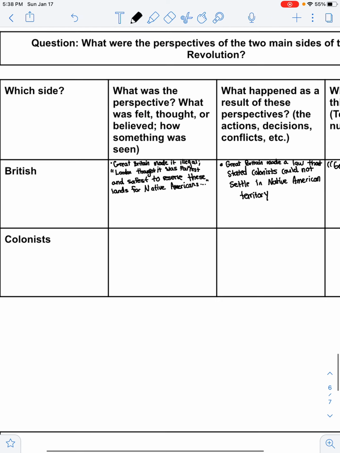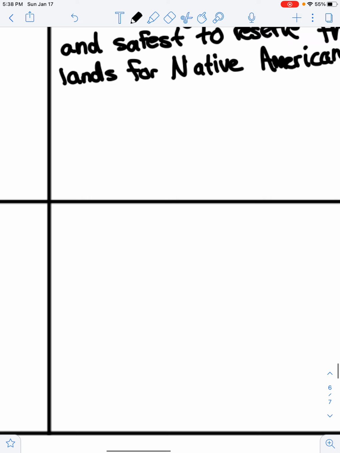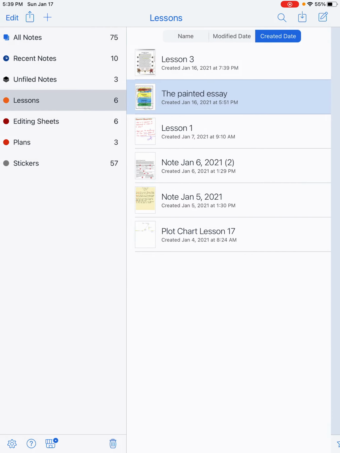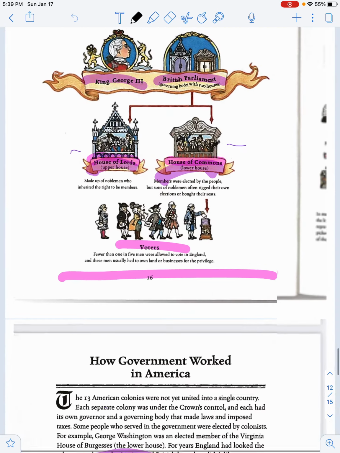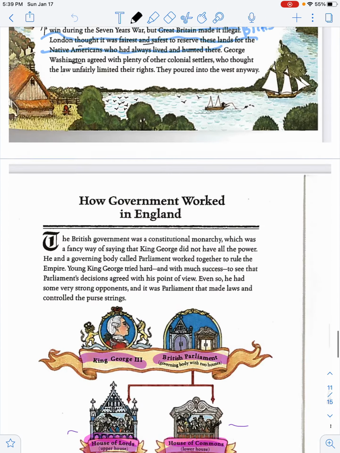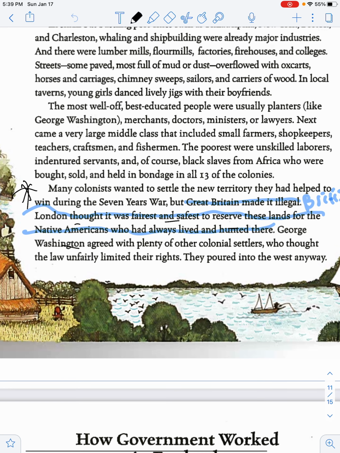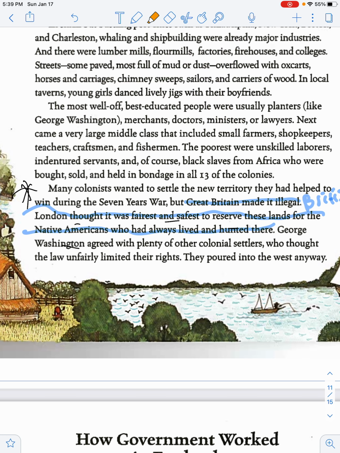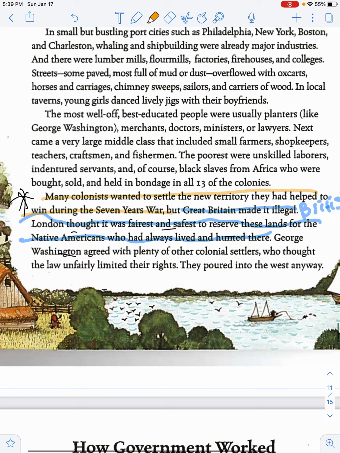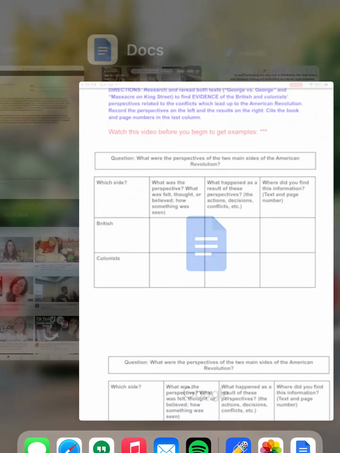So now, what did the colonists think? So it says on this page, if we go back, that many colonists wanted to, let me change the color so you can see that better. Change it to orange. Many colonists wanted to settle the new territory they had helped to win during the Seven Years' War. That's what they wanted to do. That was their perspective.